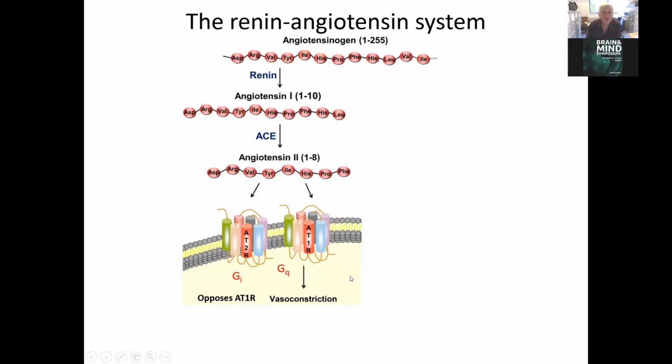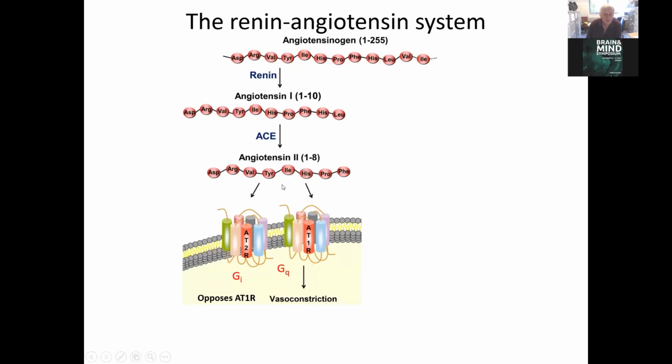Now, to explain what goes on, I need to remind you of the renin-angiotensin system. You may be familiar with this in the kidney, where if you suffer a loss of body fluids, renin, an enzyme, is secreted into the blood from the kidney. And that converts this precursor, angiotensinogen, in the blood into a 10 amino acid peptide, angiotensin 1, which is then converted by angiotensin converting enzyme, a target of blood pressure drugs, into angiotensin 2.